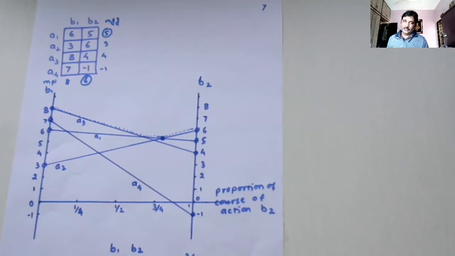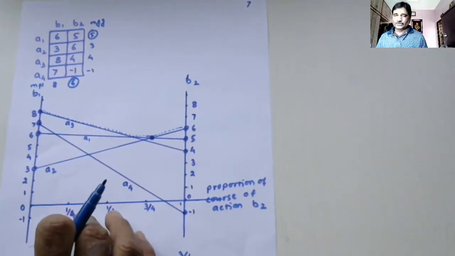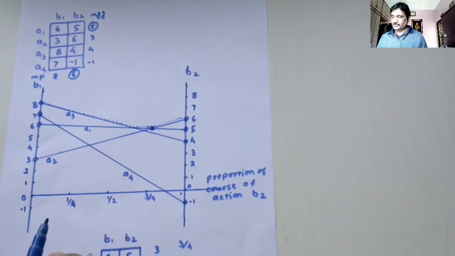But once you have reached 4 by 2 dimension, should you further reduce it? There is no need if you are solving it by the graphical method. I hope you have understood this method. There are a few more things to discuss here. This problem particularly we have solved by the subgame method also.